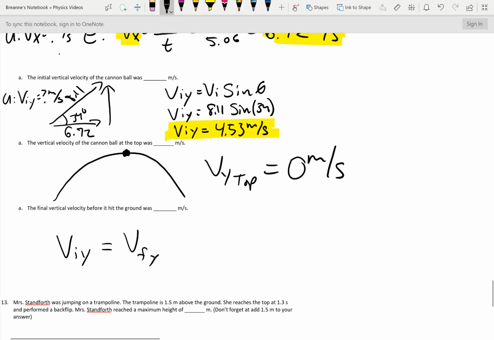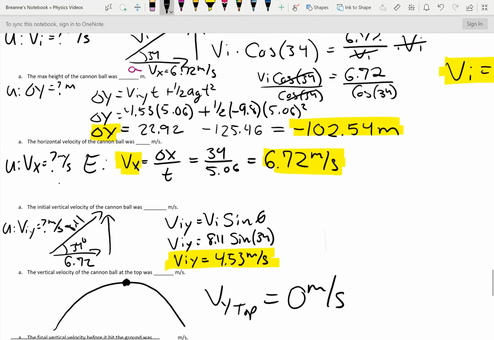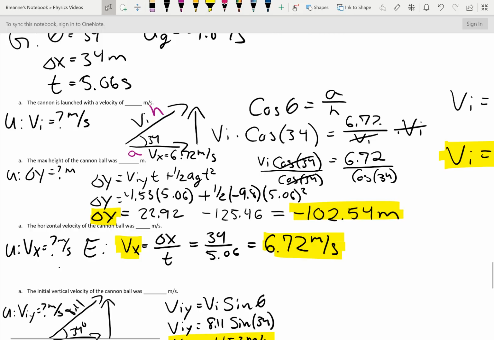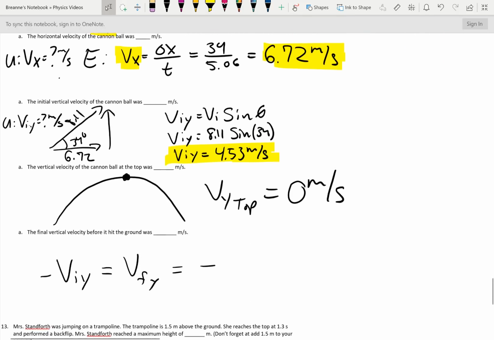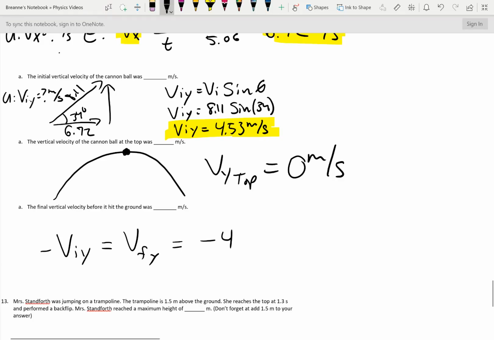The final is just negative, so it'll be a negative version of your initial velocity. So it'd just be a negative 4.53 meters per second.